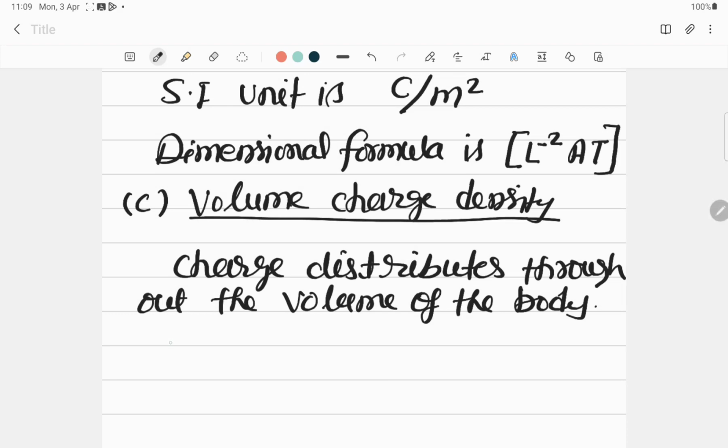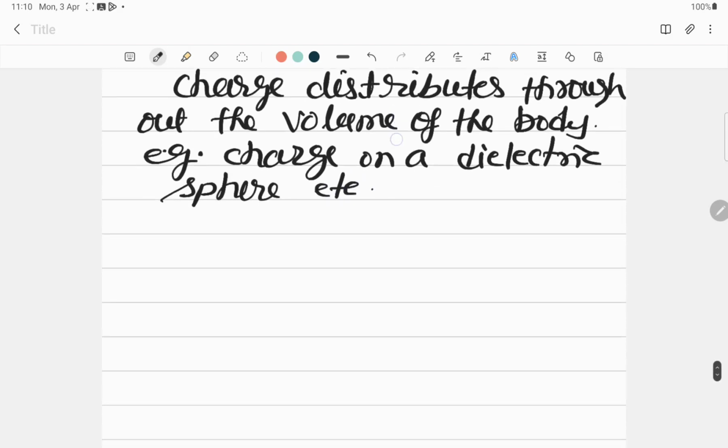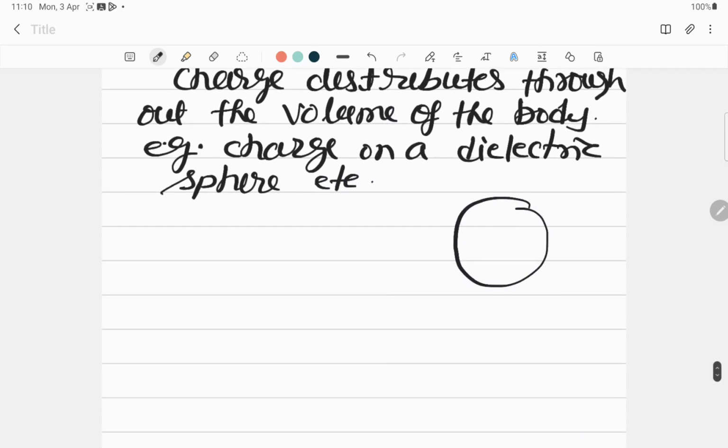Volume of the body, for example, the charge on a dielectric sphere, etc. This is the dielectric sphere, with rho as the charge density.